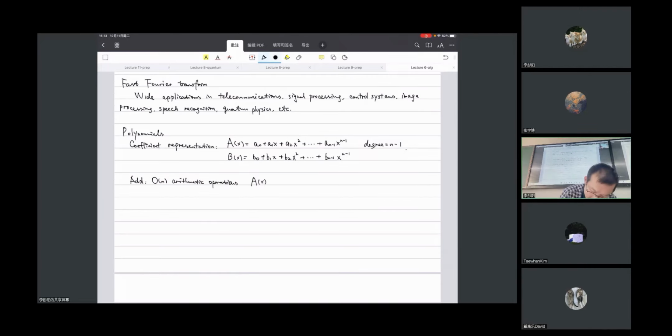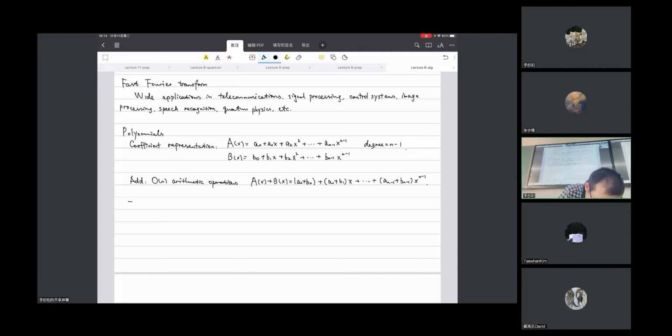This is because A of x plus B of x equals a0 plus b0, plus a1 plus b1 times x, and so on. Imagine that I tell you there is one polynomial A and another polynomial B, and I require you to return the polynomial A plus B. With the coefficient representation, this is very straightforward. You just take the sum of all the coefficients: a0 plus b0, a1 plus b1, etc.